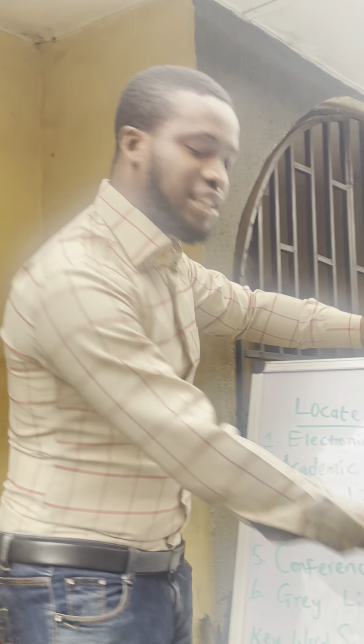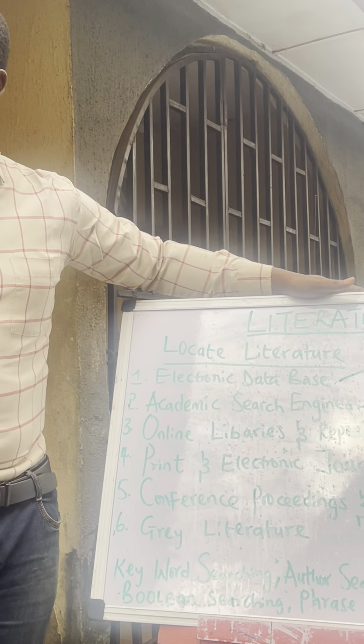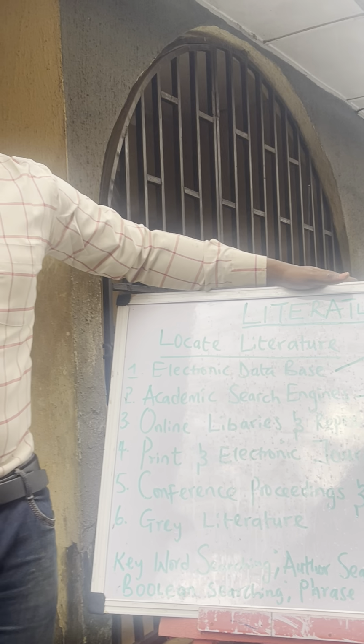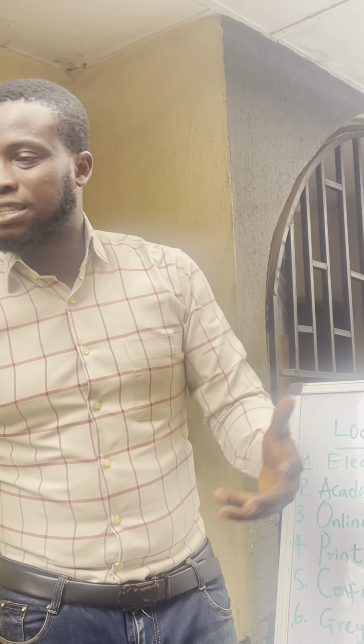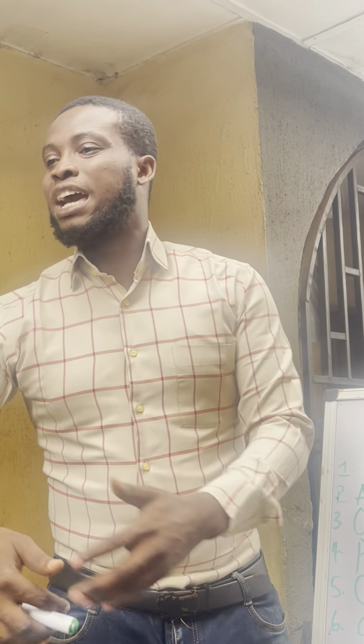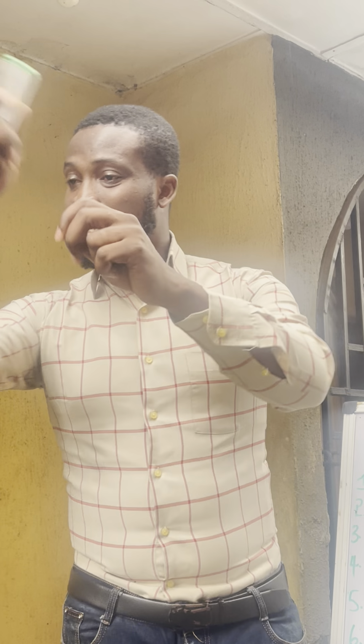Then you can use Boolean searching. Boolean searching is a very fast way to search for materials, where you use different keywords and merge them together. The Boolean words are like AND, OR. You can use quotation marks too.